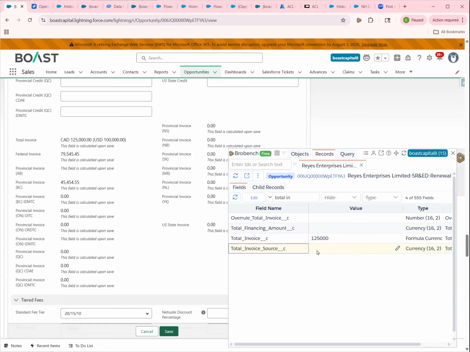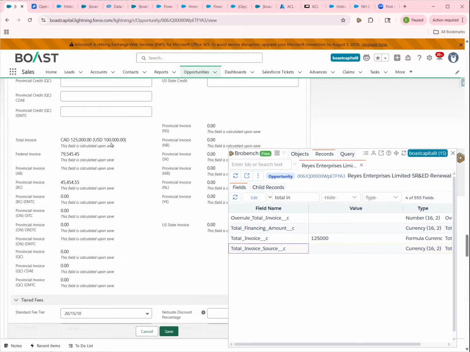We introduced it in an effort to provide the same type of max fee and min fee for pilot as we do for current customers. In a way, it's like an override. If it's present, it's used as the total invoice.